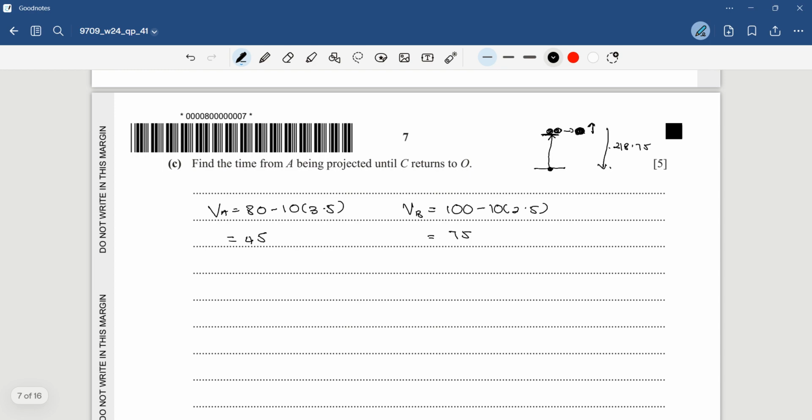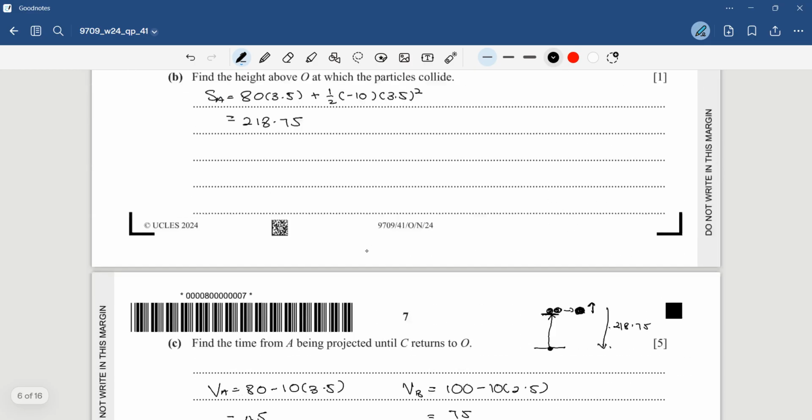Okay, by using the conservation of momentum, m1 u1 plus m2 u2 is equal to m1 plus m2 V. Why do I put m1 plus m2? Because they have the same mass.